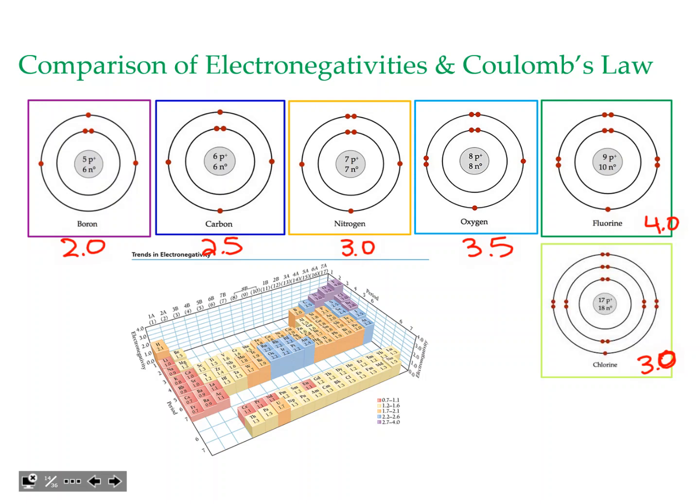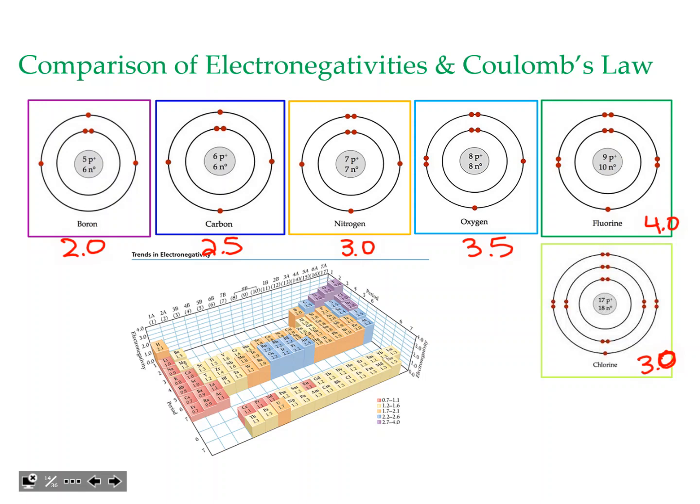Now, that's looking across the period, but if you compare fluorine with chlorine going down the group, you notice that chlorine has 3 principal energy levels rather than the 2 that fluorine has. So this third principal energy level, even though it has 17 protons, compared to the 9, does have a higher effective nuclear charge, but adding that third ring creates enough distance to weaken it slightly.